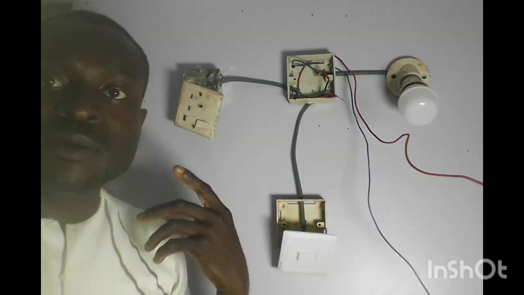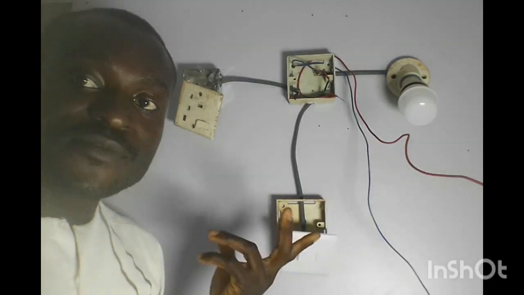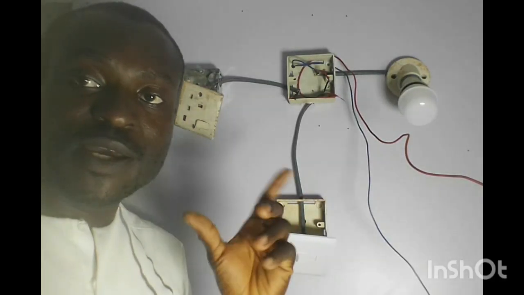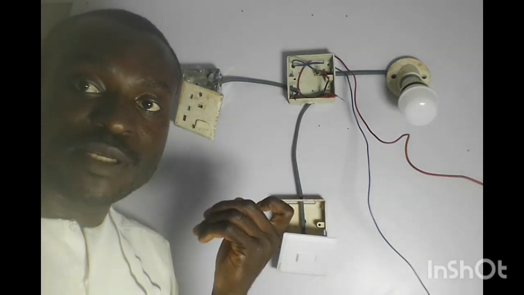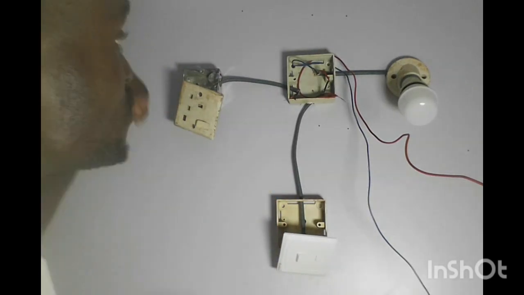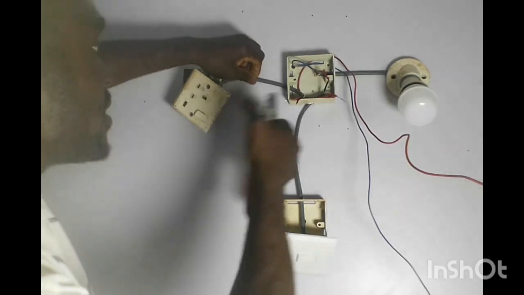I've connected the live red wire to the live terminal of the socket, then the black wire to the neutral terminal of the socket. So I'm going to connect it directly to the source of my power.